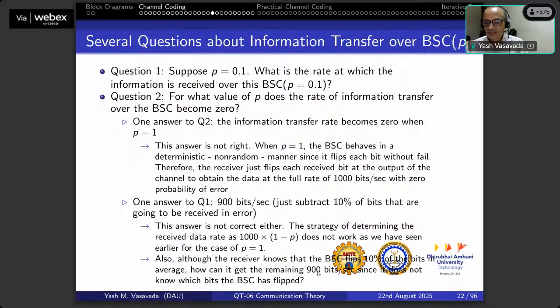It got 1000 bits, but how does it know which 100 to throw away and which 900 to pick? If it knew that the channel flipped exactly some specific 100 bits, it would just unflip them and get the full 1000 again. The problem is that the receiver does not know the location at which the bits got flipped. That's why this answer of 1000 times 1 minus P does not work.